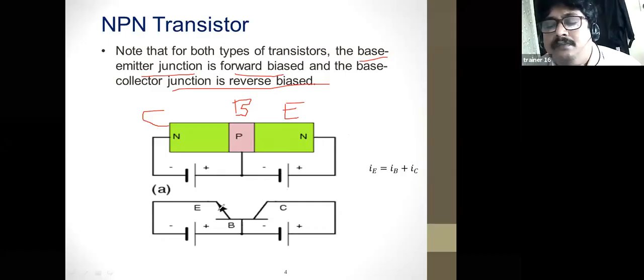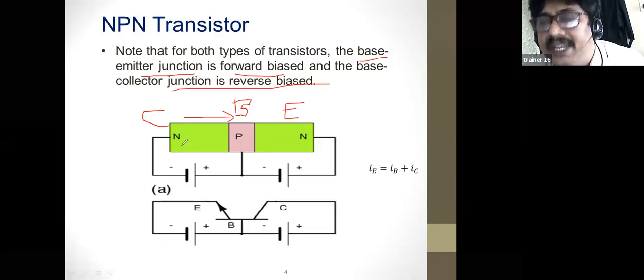If you take this end as a collector, all of you listen carefully. The concept is only 5 minutes, only 3 or 4 sentences. Here the collector current flows towards the p type.